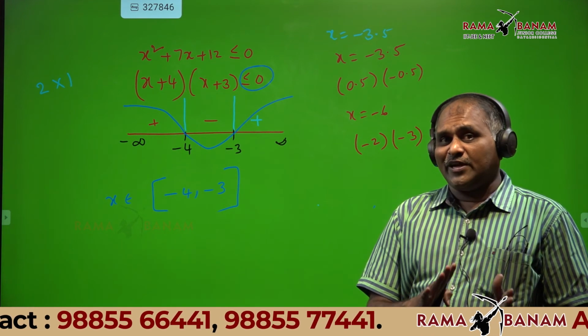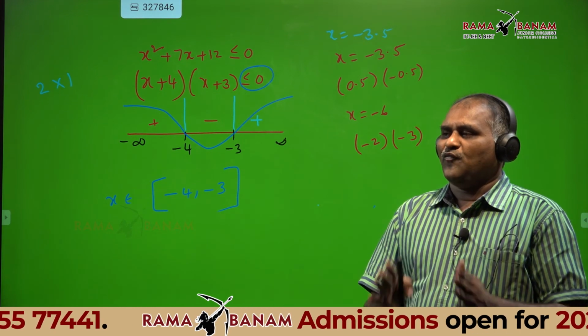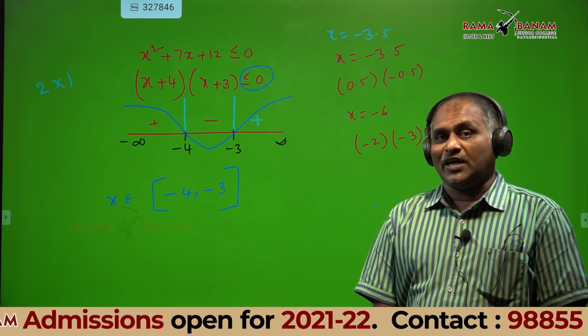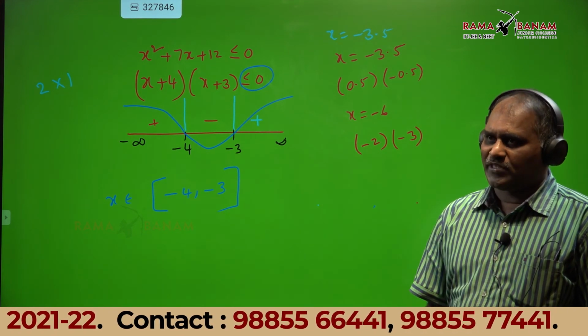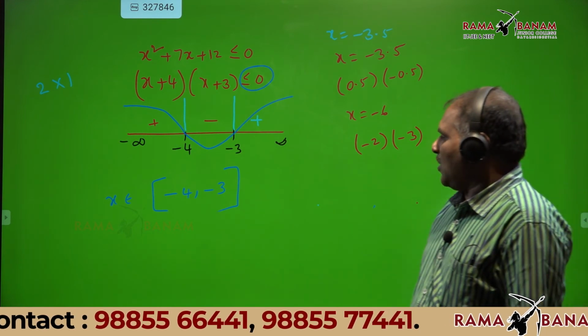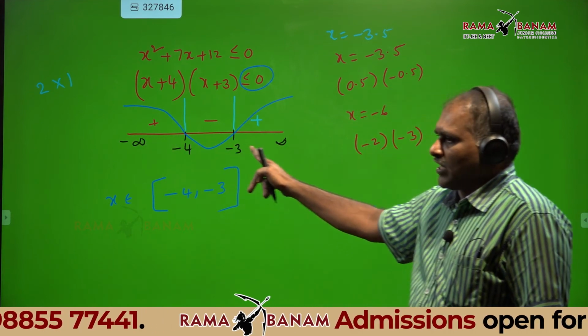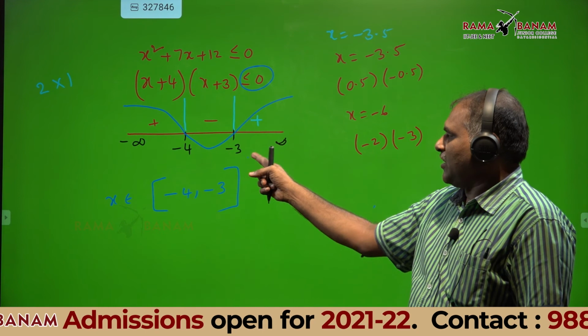Every time, substituting values and finding that sign is a long process. Here listen: in this total graph, what is the right hand side interval? Minus 3 to infinity.